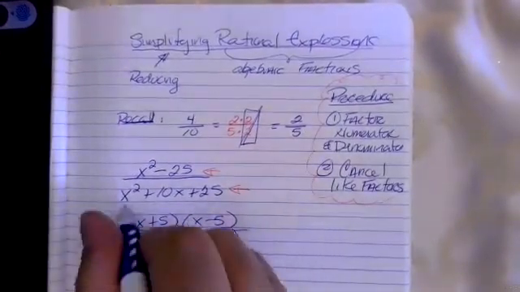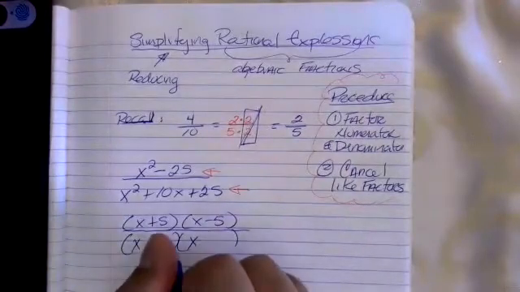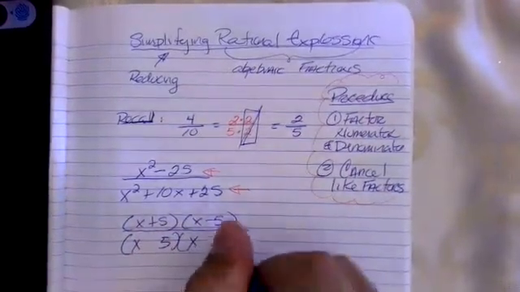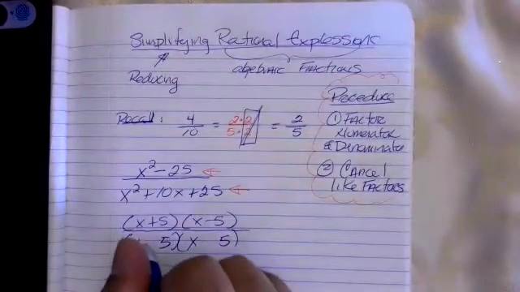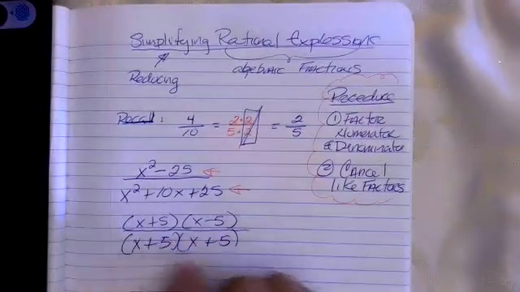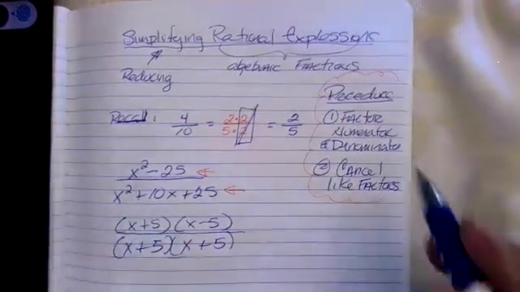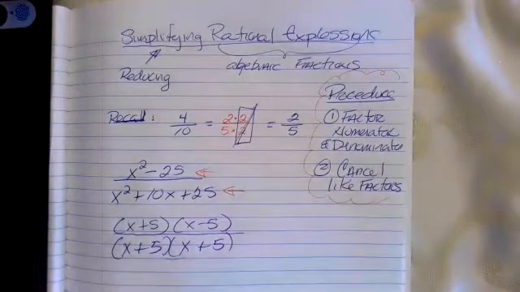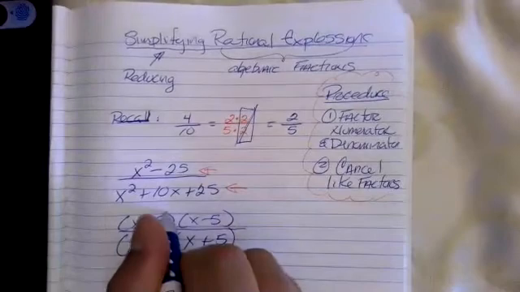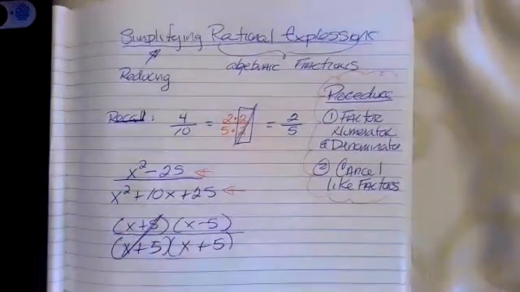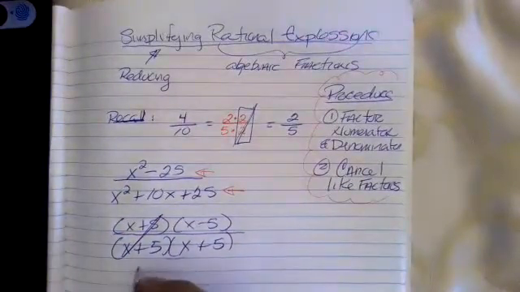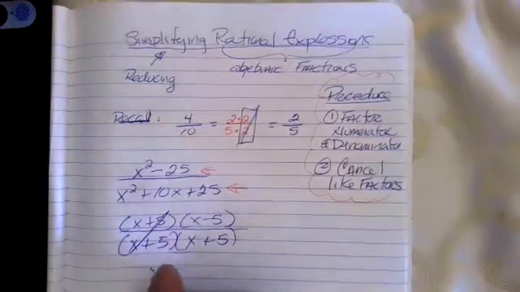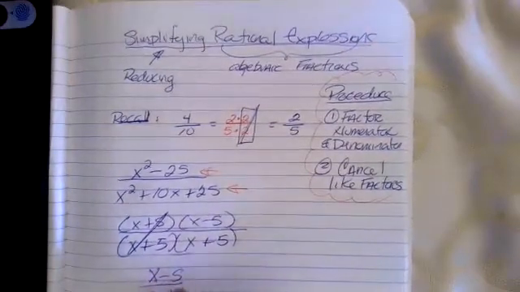X times x gives me x squared. 5 times 5 gives me 25. And my inners and outers give me 10. So we factor the numerator, we factor the denominator, and now we cancel out the like factors. So I'm going to have x minus 5 over x plus 5.